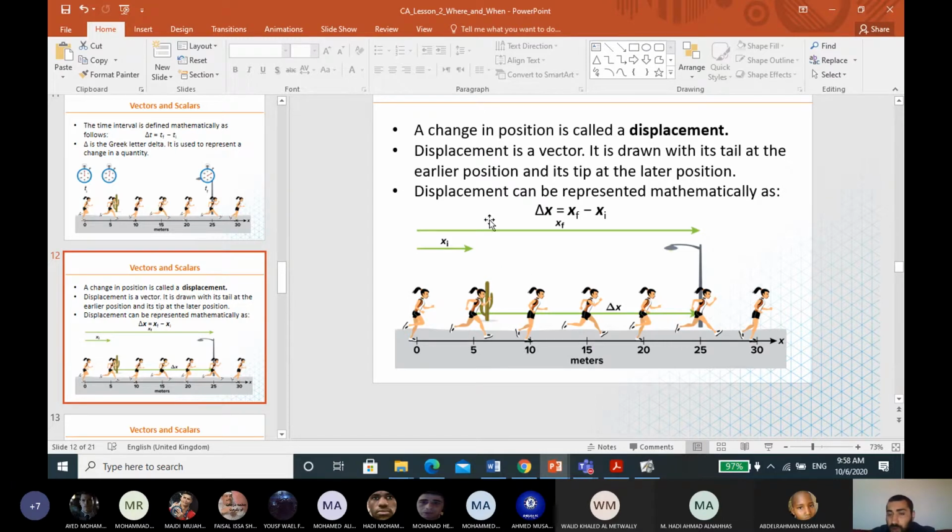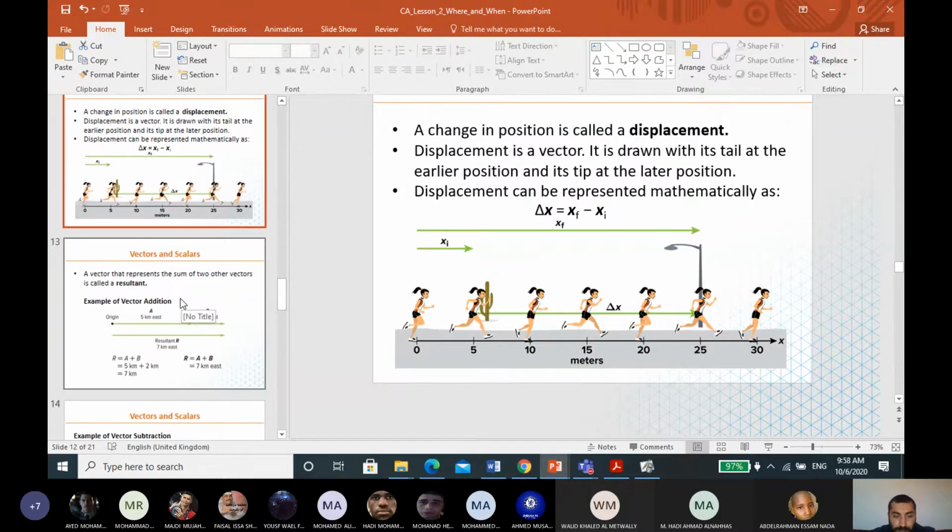The delta x, the displacement, is from 5 to 25, so x final minus x initial. It will be 25 minus 5. You get it, guys? Yes, Mr. Okay, great.